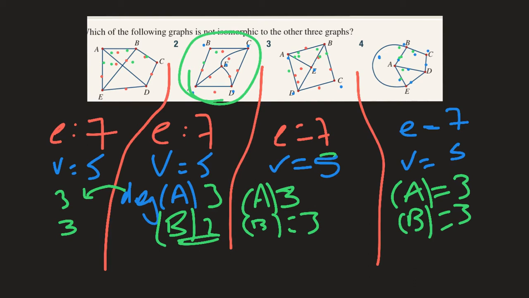And if you think about it this way, if you wanted to get from B to D, now let me get my laser pointer so it's easier. So if you want to get from B to D, you'd have to go B, C, and then D, which is fine.